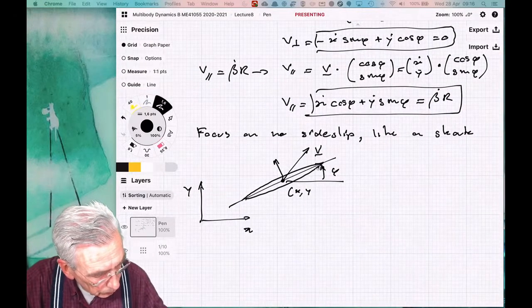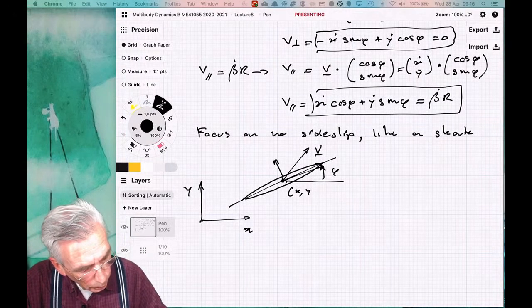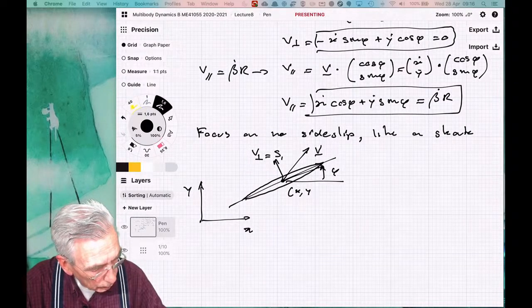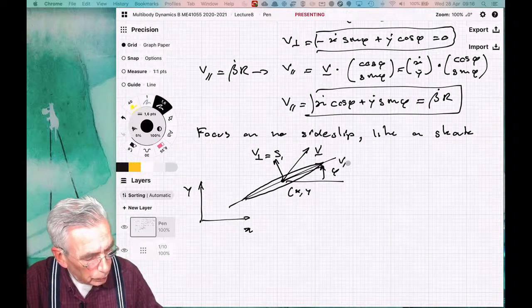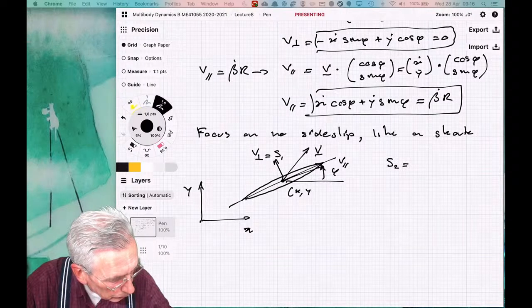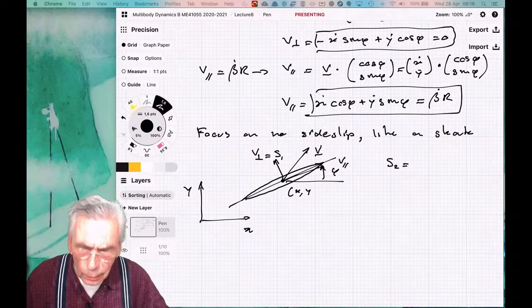So we decompose it in these two parts. So this perpendicular velocity, we will call it slip 1. And here we have the forward velocity, and you can already guess that slip number 2 is going to be called, how did I define it?